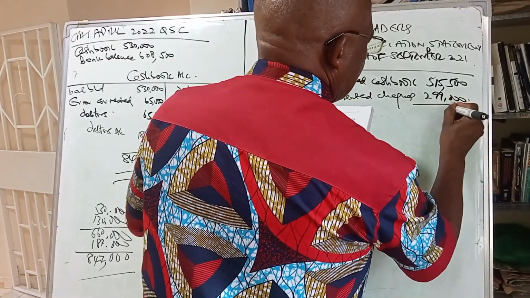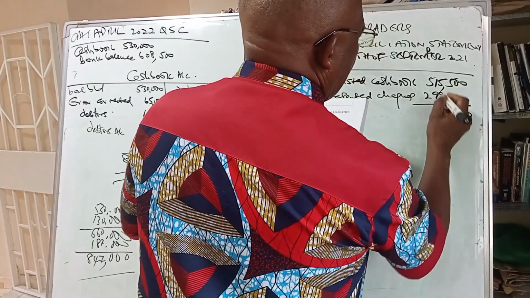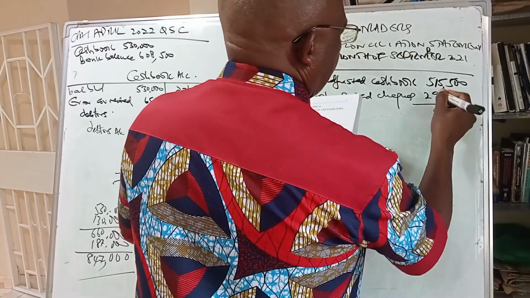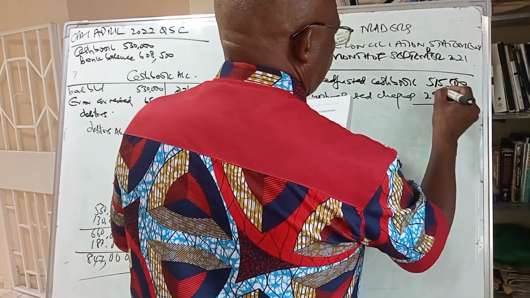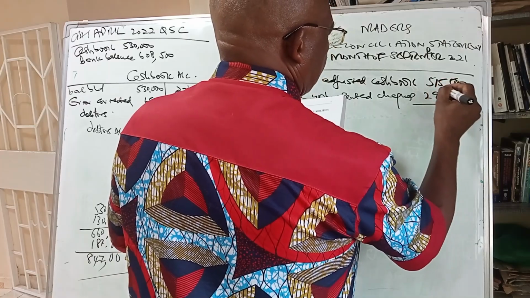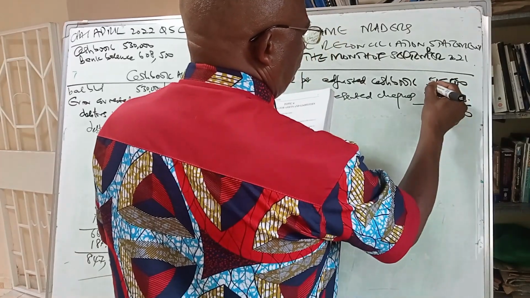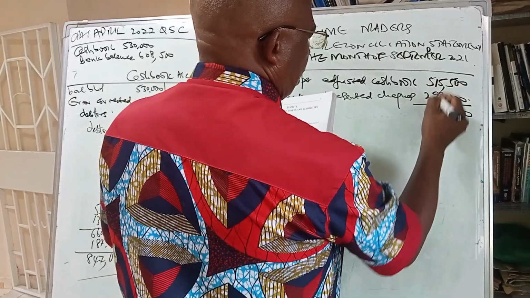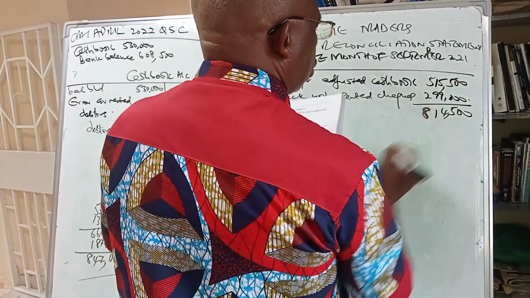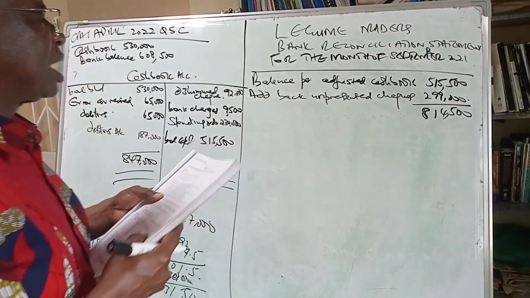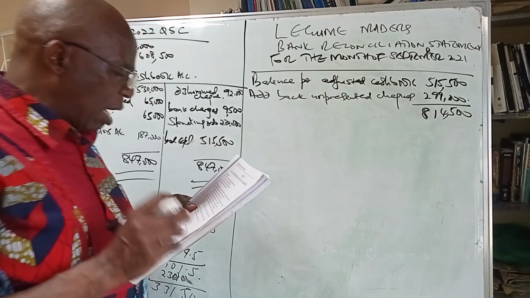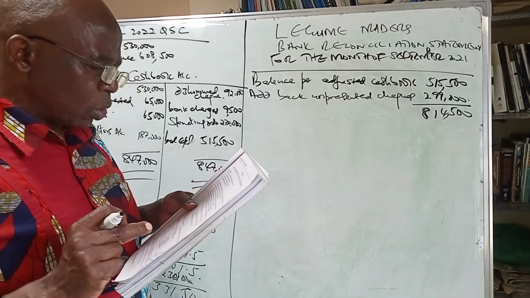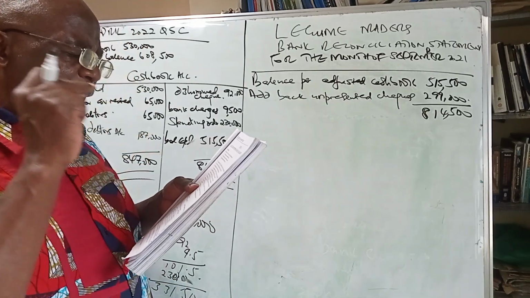So we bring here 8, 1, 4, and that's the unpresented checks.